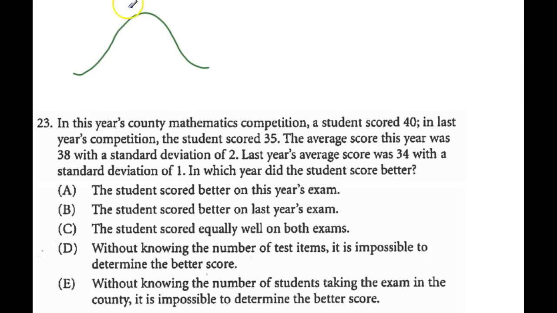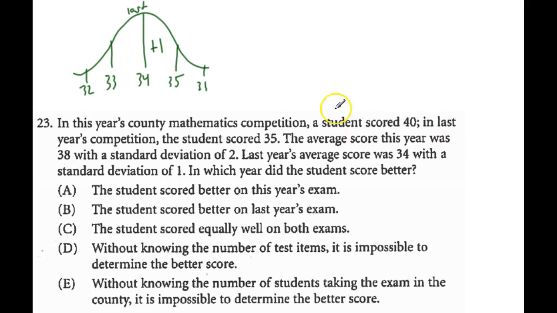So let's do last year's first here. I think the average was 34, and the standard deviation was 1. So one standard deviation would be 35, and the other direction would be 33, and 2 would be 36, and 32, and so forth.